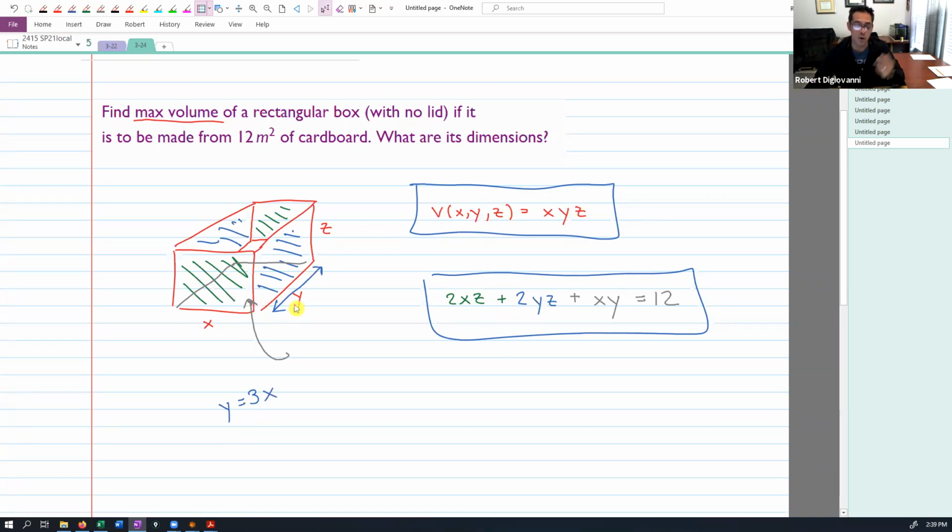That would be another constraint equation, where you move everything to one side and make it equal to 0. So you'd have a second constraint.